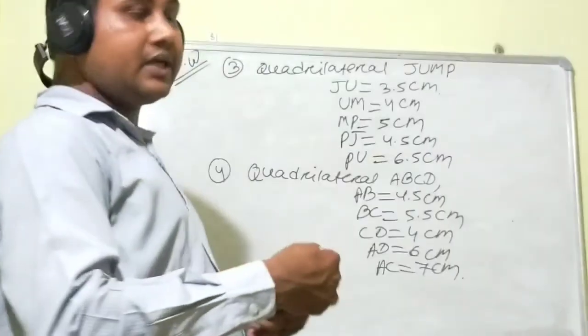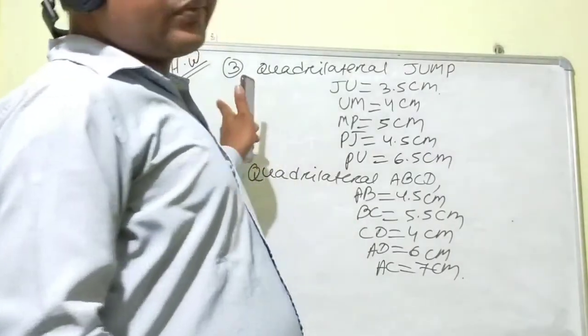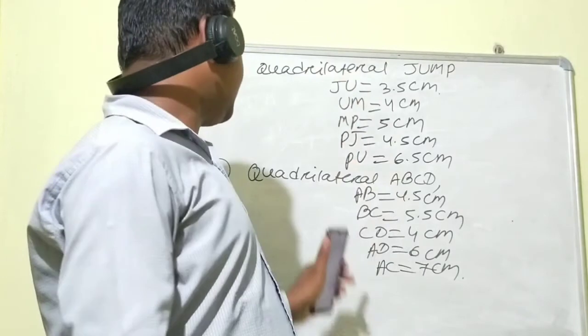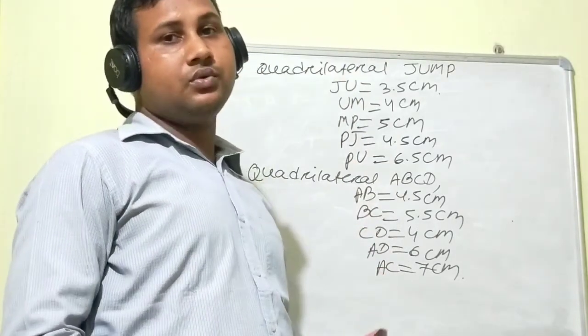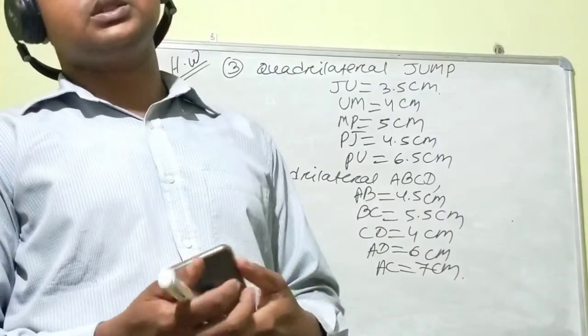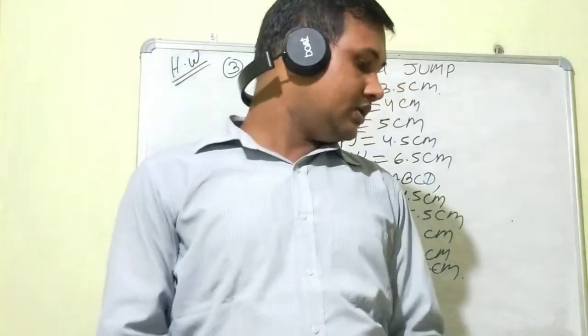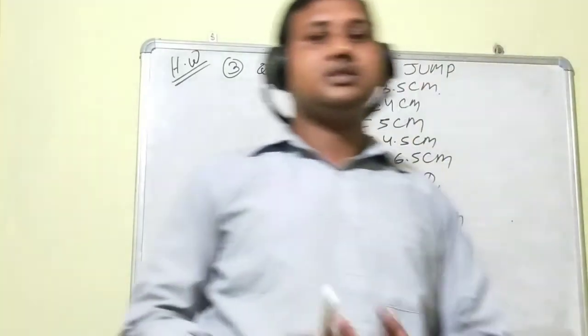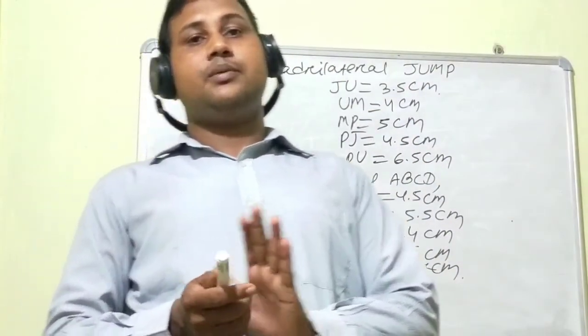So these are related to the first process, that is 4 sides and 1 diagonal. You can solve these questions yourself using this process.